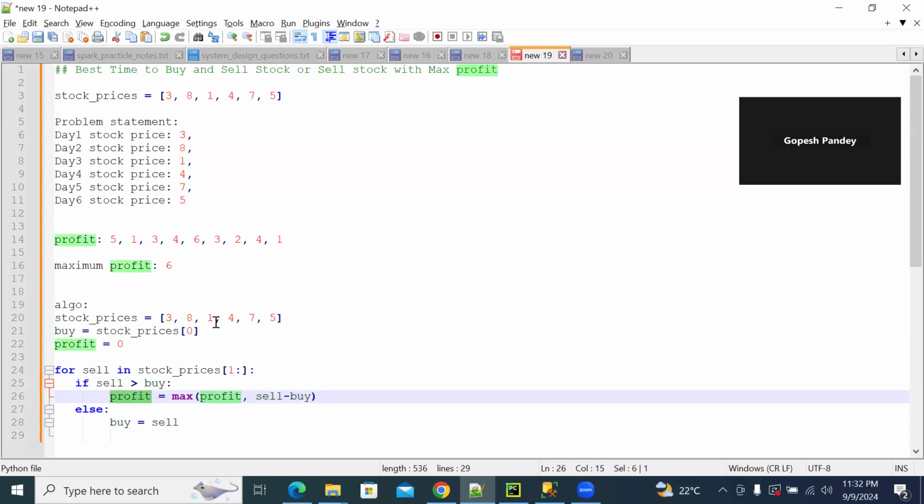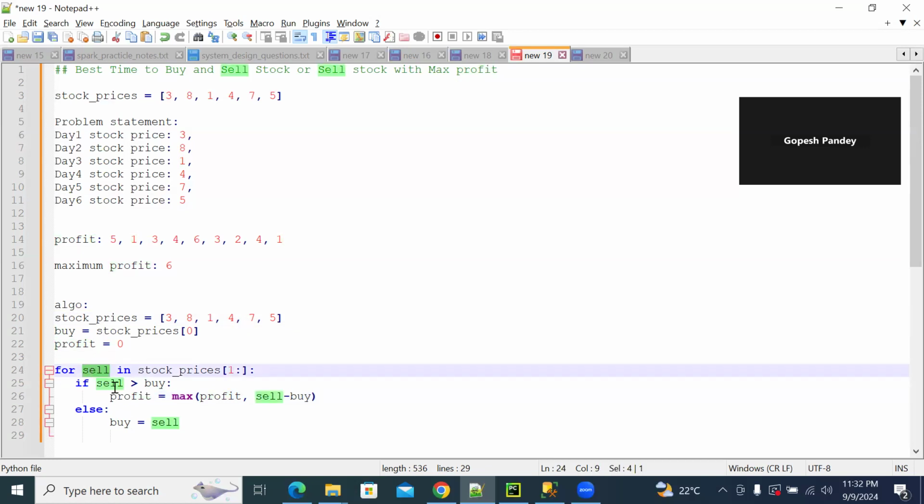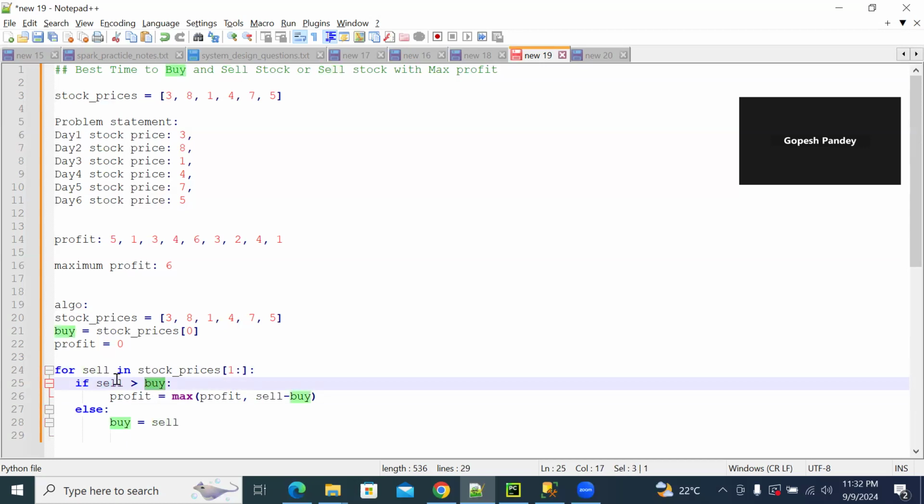Right? Next you got 1. So right now sell is 1, buy is 3. The condition has gone to the else condition. You assigned sell, which is 1 currently, to buy, so your buy has become 1 now. Because the purpose of this solution is that you have to keep buy at a minimum amount.